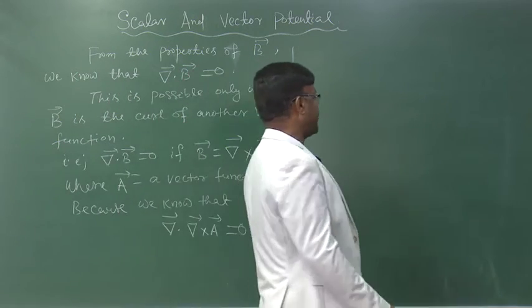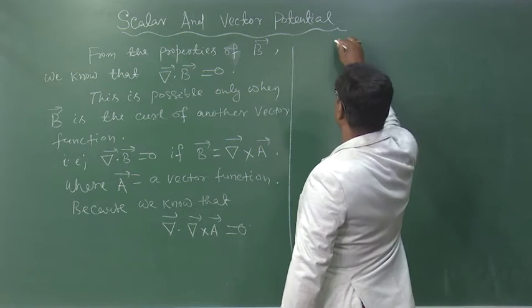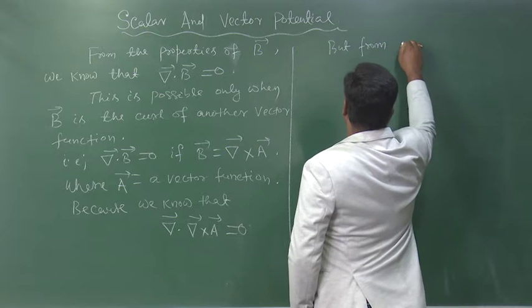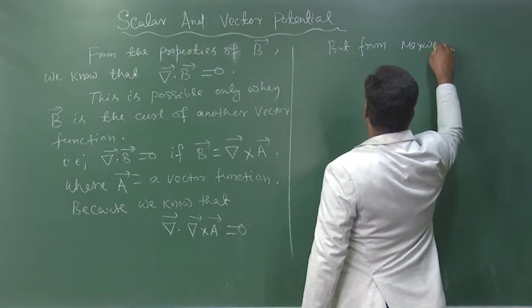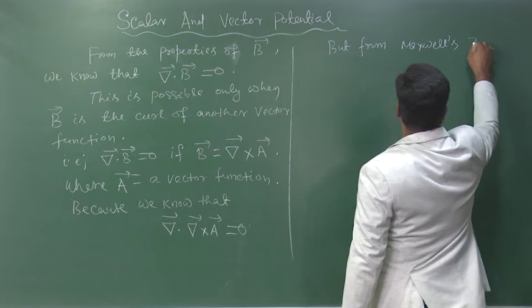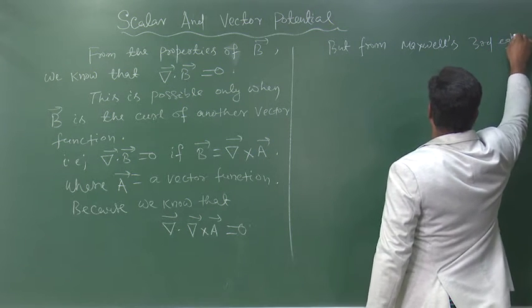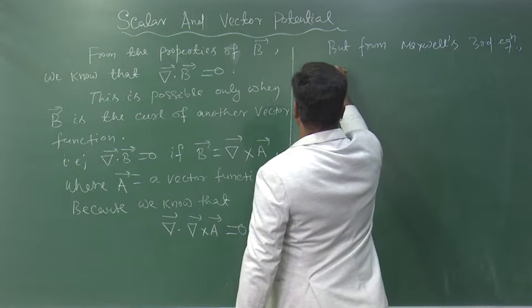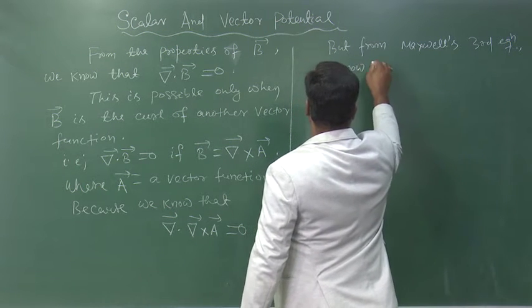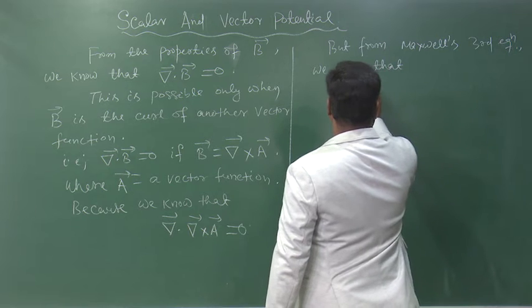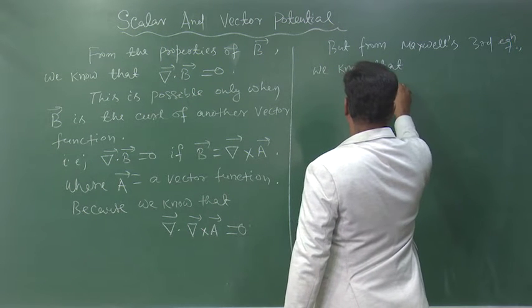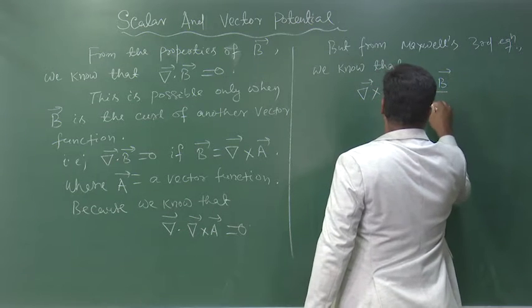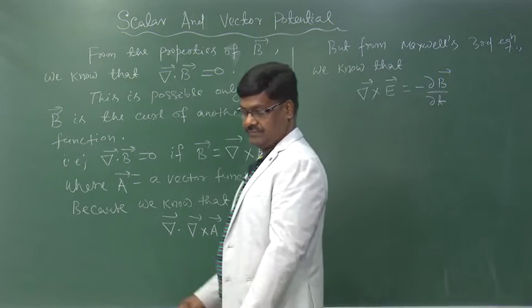But from Maxwell's third equation, we know that grad cross E equals minus del B by del t.